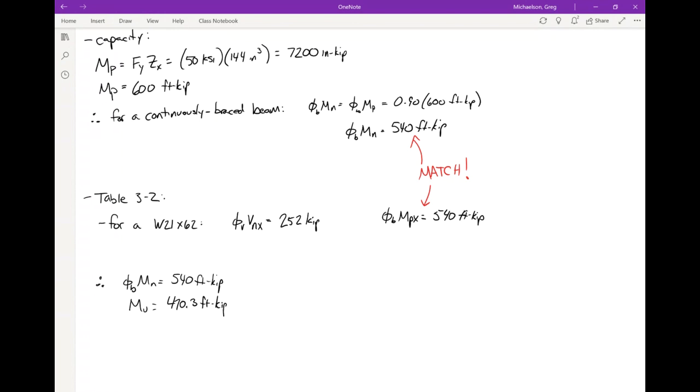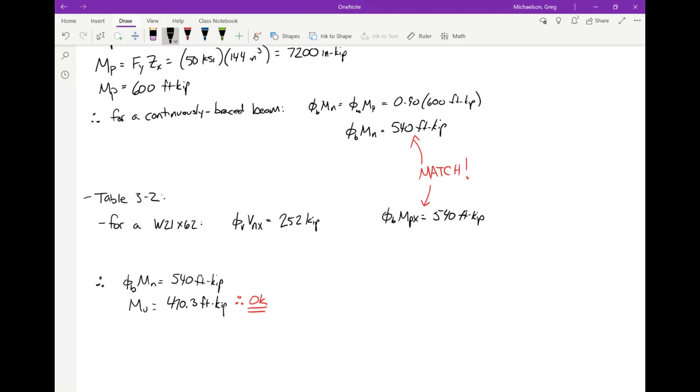So does that mean that this is a safe design or an unsafe design? Is it good or is it bad? Tell me, what's the deal? It's good, exactly right, because it can hold up 540 foot kips and it's only being subjected to 470.3. So that is okay. That is good to go.